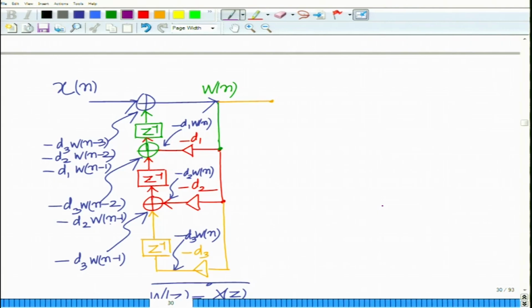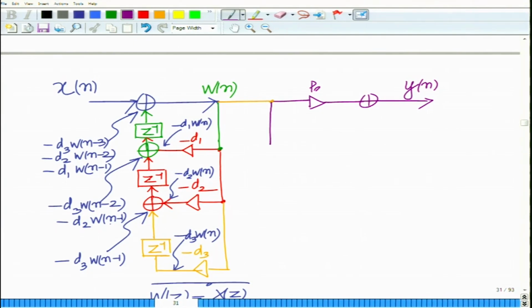And now you can see W[n], send it through gain P0, okay. So, adder, that gives me y[n].